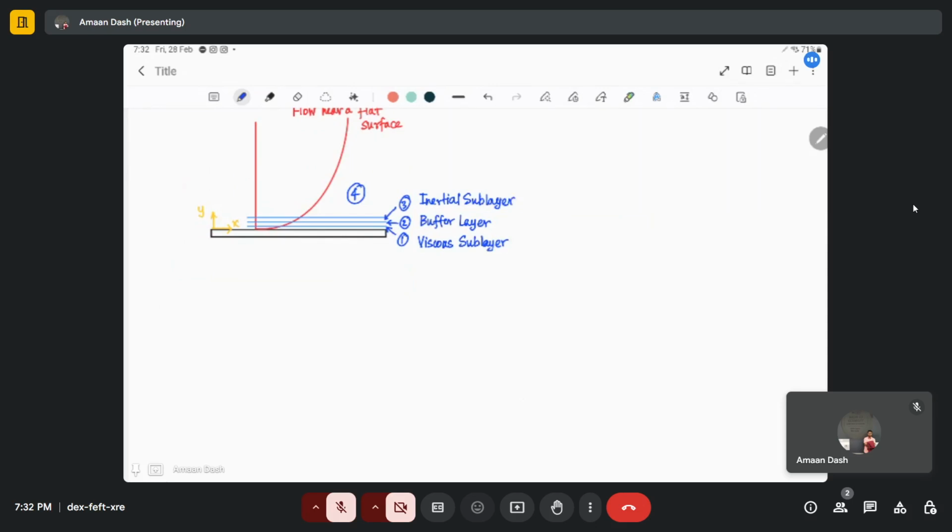Okay. So at the beginning of the main turbulent stream, here actually viscosity plays a minor role. It is there, but it will play a minor role. And the fourth is the main turbulent stream. That is, this is the main.